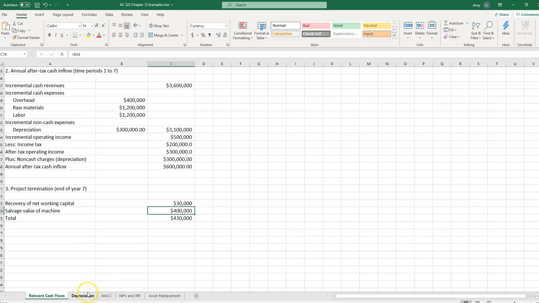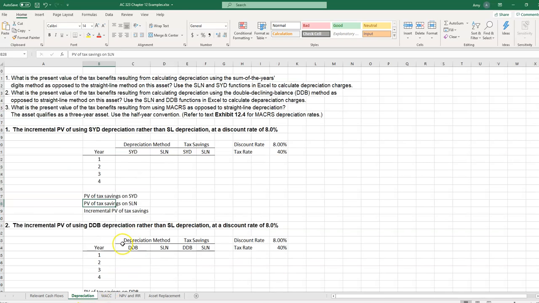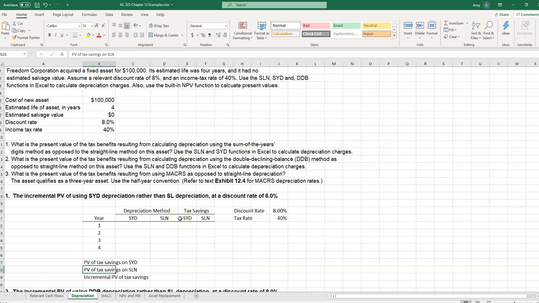The next thing we're going to look at is a couple of different depreciation methods for a piece of equipment and how depreciation changes what the tax savings is. So we're looking at the tax savings of different depreciation rates compared to the straight line rate. So we start with the sum of years digits calculation and the straight line depreciation.